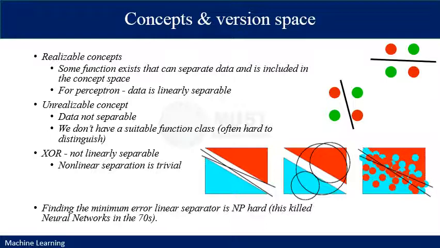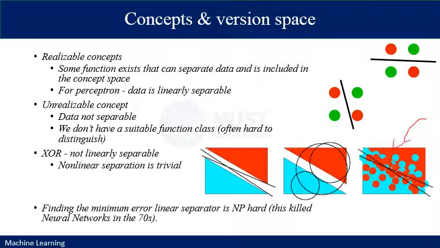For the perceptron, the data is linearly separable; in other words, the perceptron is able to classify data that is linearly separable. However, some concepts are unrealizable, meaning the data is not separable.